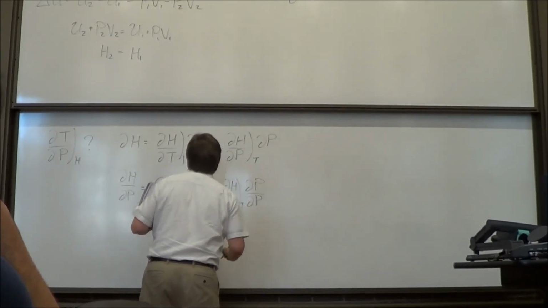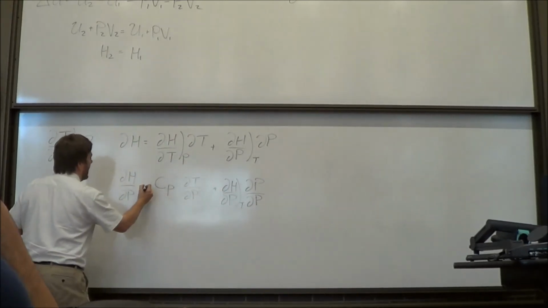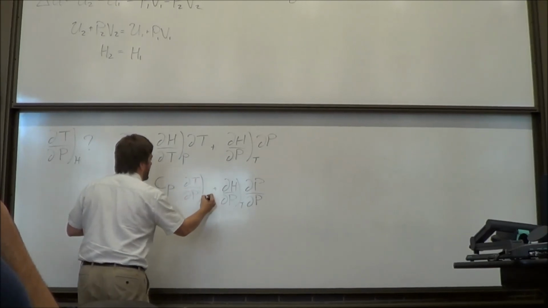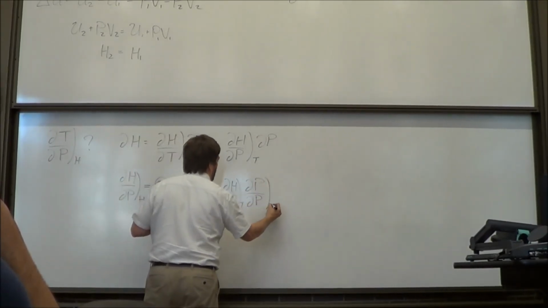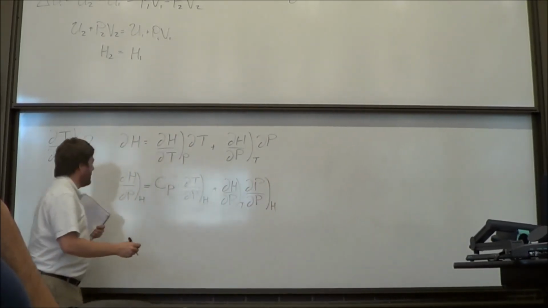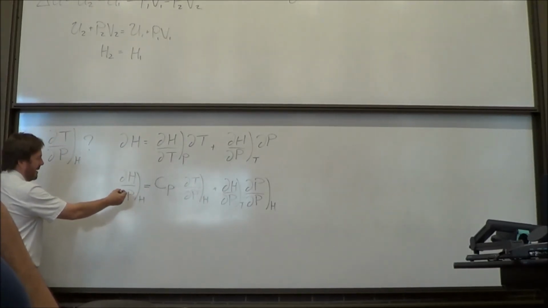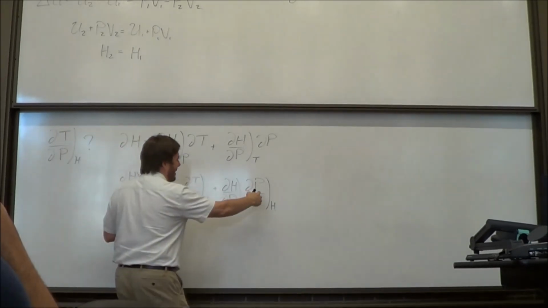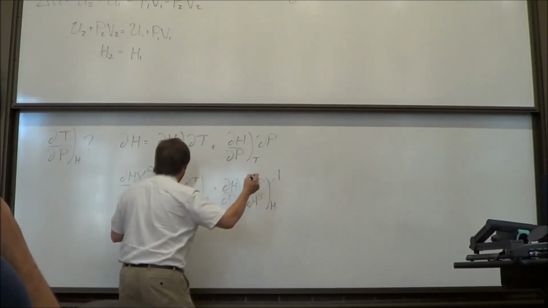Now, notice I haven't stipulated what's held constant. In the interest of time, obviously H is held constant, so that's zero. Now you don't have to worry about perfect gas, this or that here. That doesn't matter.